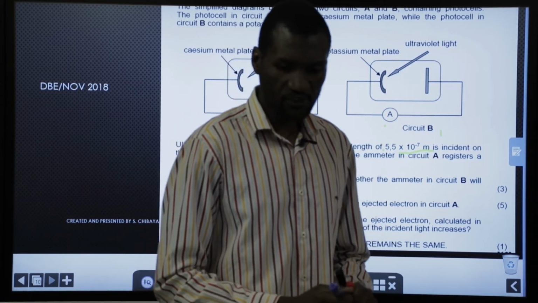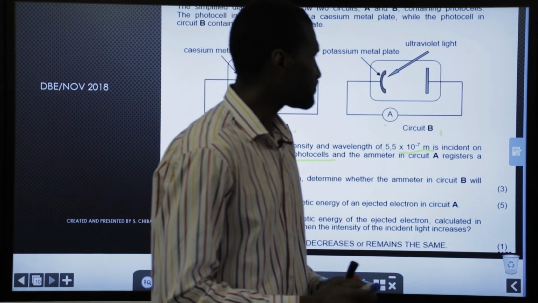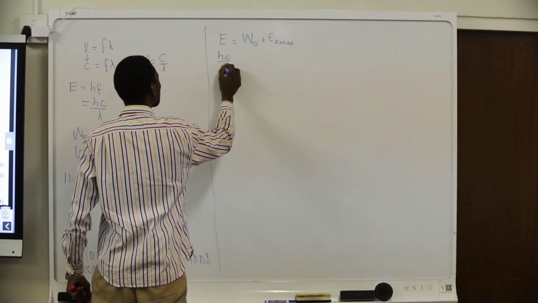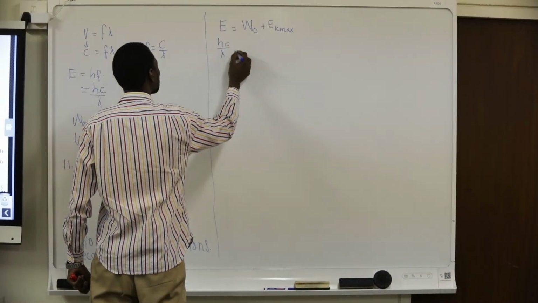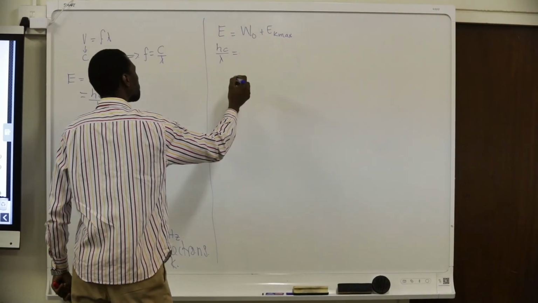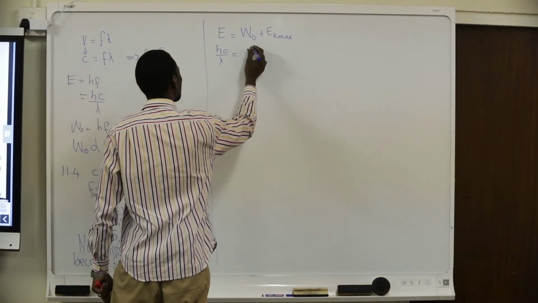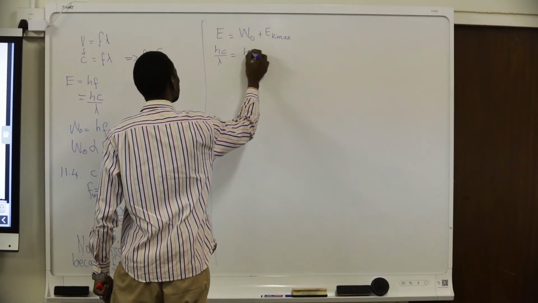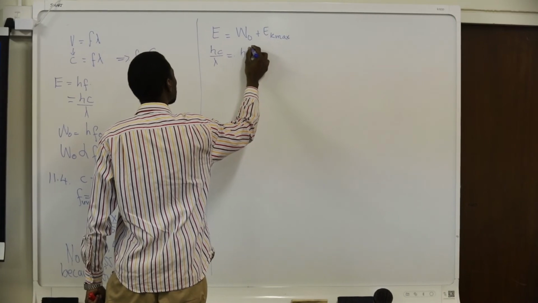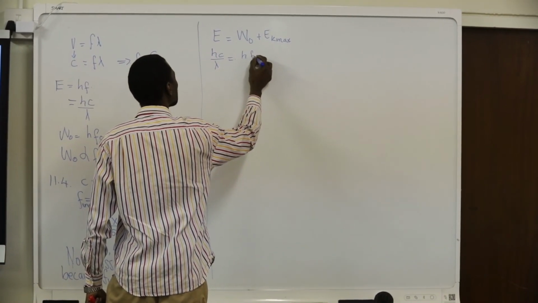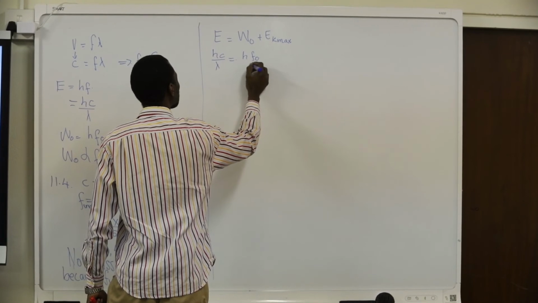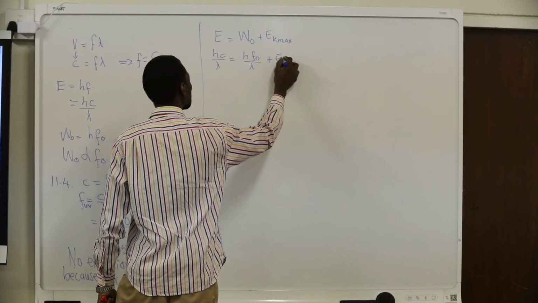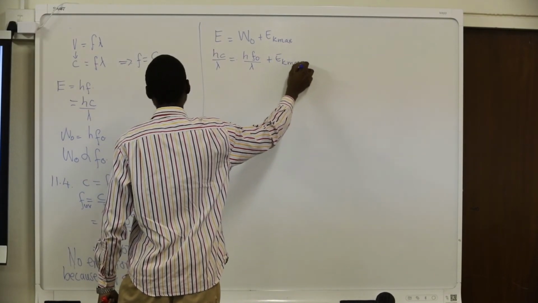So our h multiplied by c over lambda is equal to the work function, which is h multiplied by the frequency F0, plus the value of EK max.